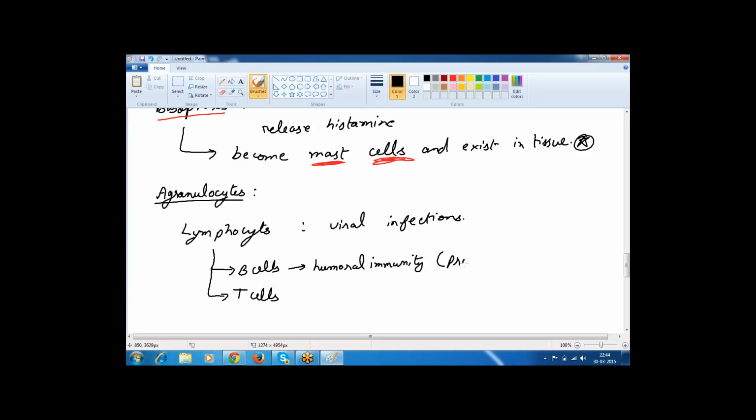That is, they produce antibodies against antigen. Whereas T lymphocytes, they take part in cell-mediated immunity. This is the difference between the two. B cells take part in humoral immunity, whereas T cells, they take part in cell-mediated immunity.